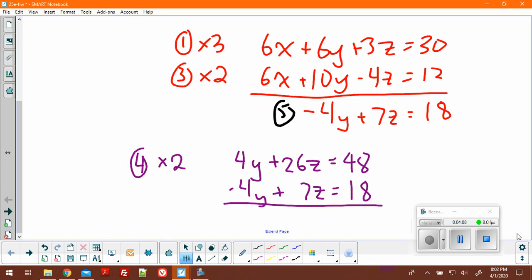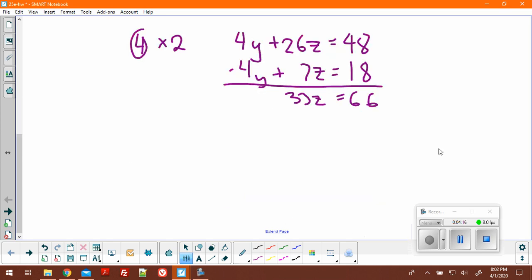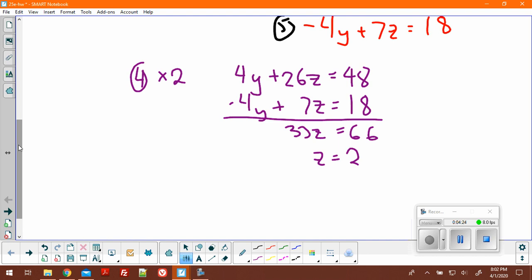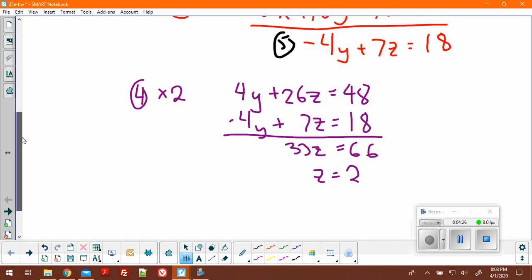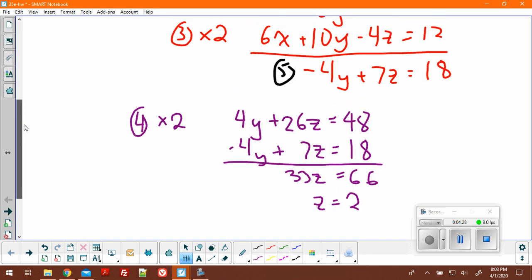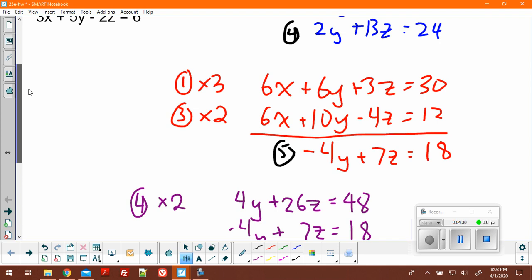So that gives me 33z is equal to 66. That's a good sign because it means z works out nicely. So z is equal to 2. Now I have z equals 2. You should be able to back substitute and figure out the rest from there, but we'll go through that quickly here.